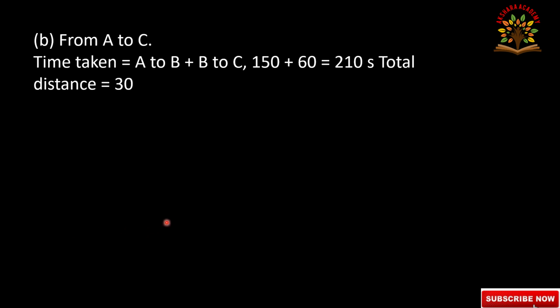Average velocity is equal to total displacement by total time taken, 200 by 210. That is equal to 0.95 meters per second.